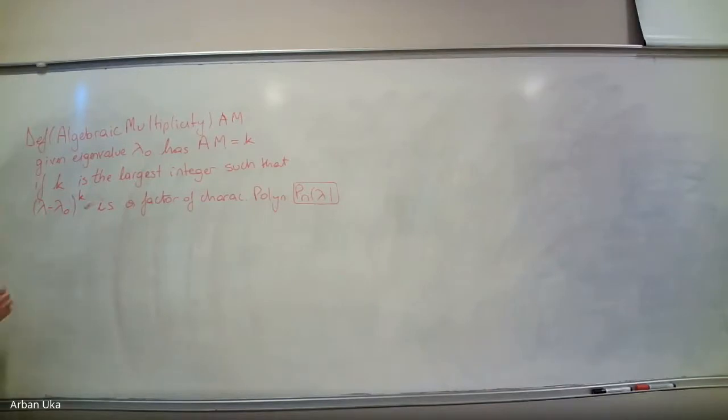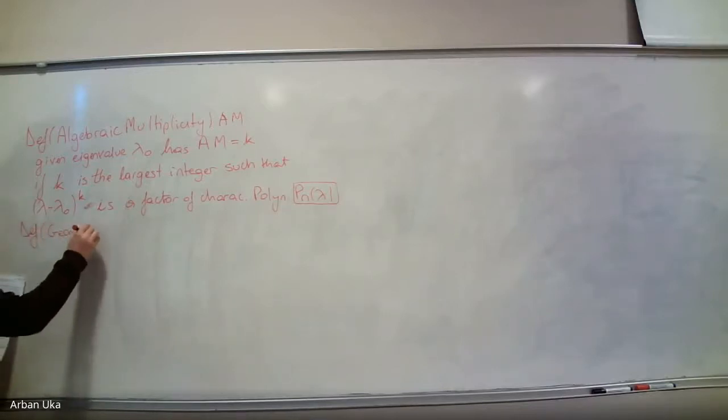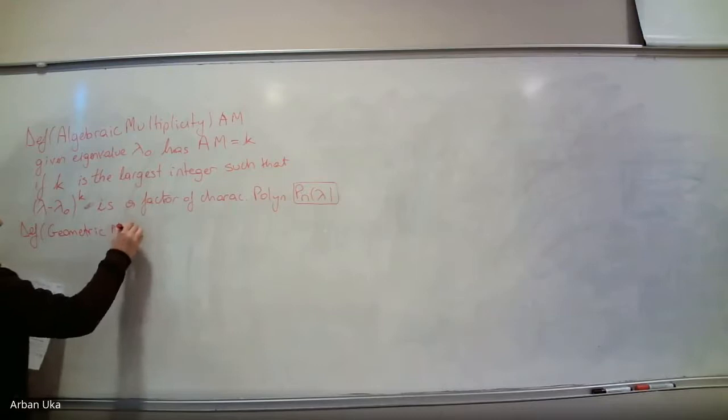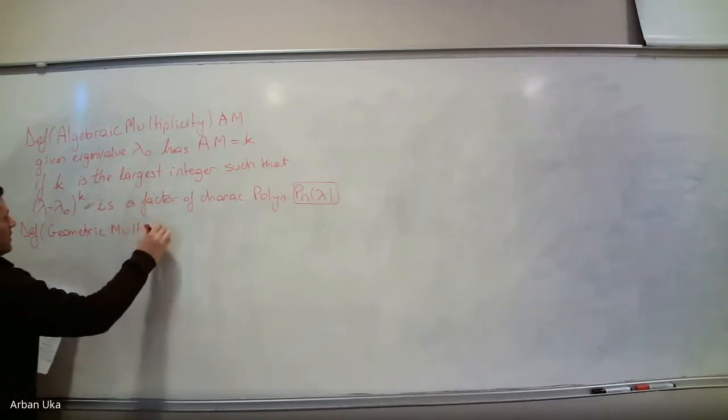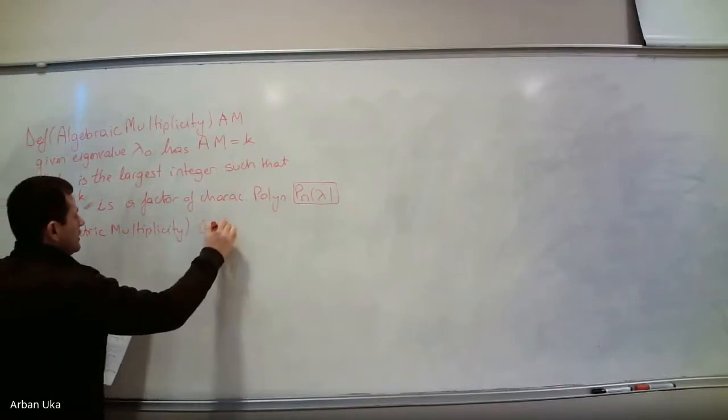Now we give another definition, which is regarding the geometric multiplicity. We call this one the GM.